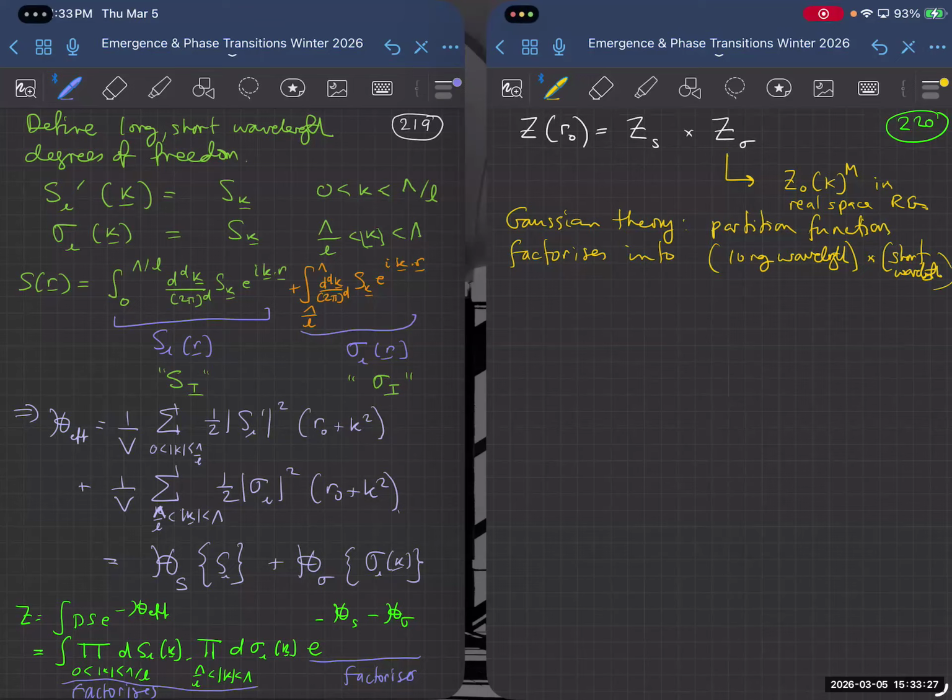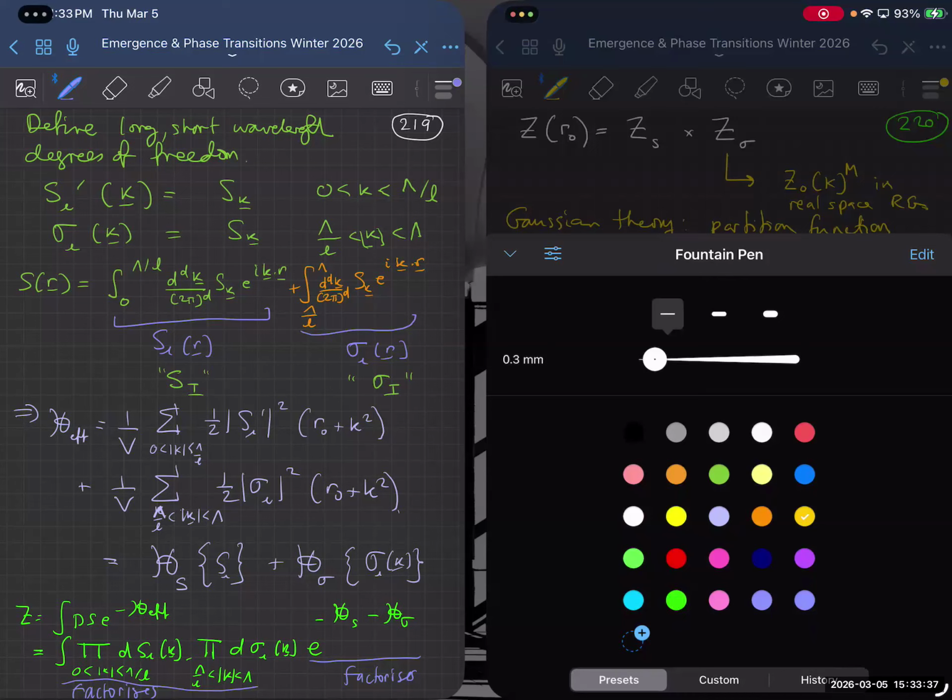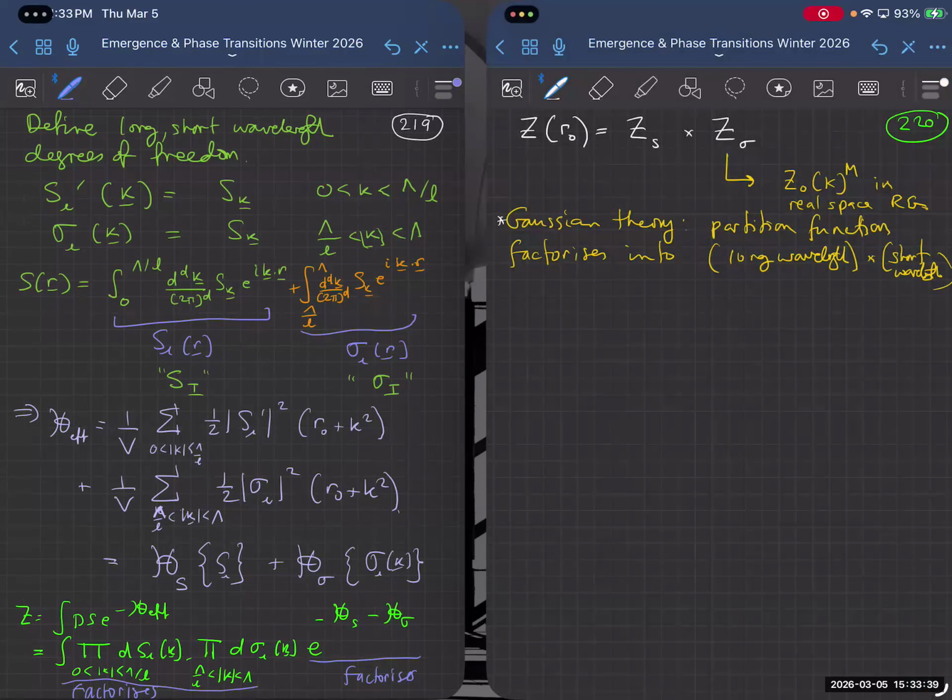That's the part that is short wavelength. And what that means is that both of those integrals can be done exactly. So that's the first thing, that's great. The second thing that's great is each integral can be done exactly.